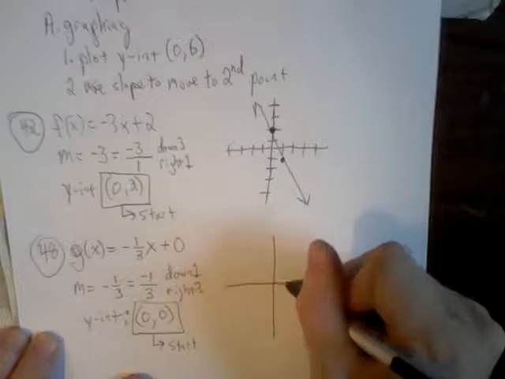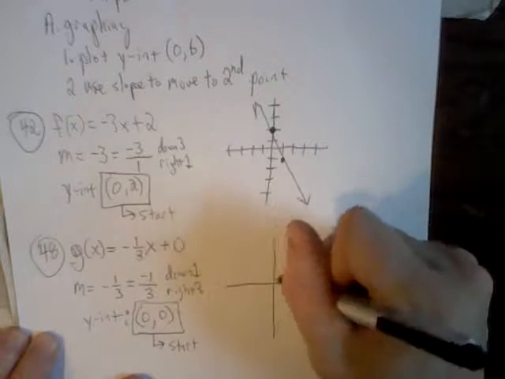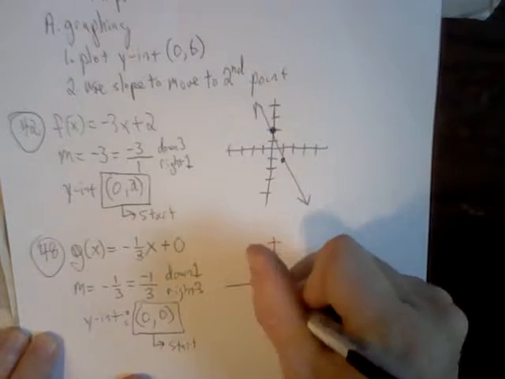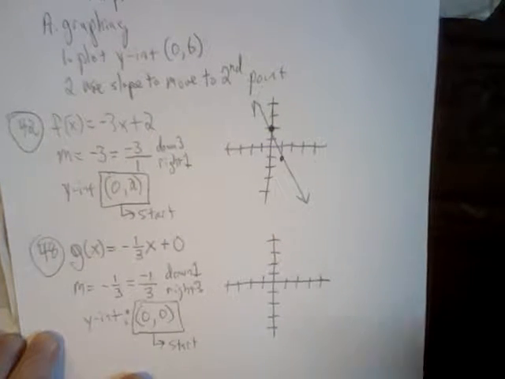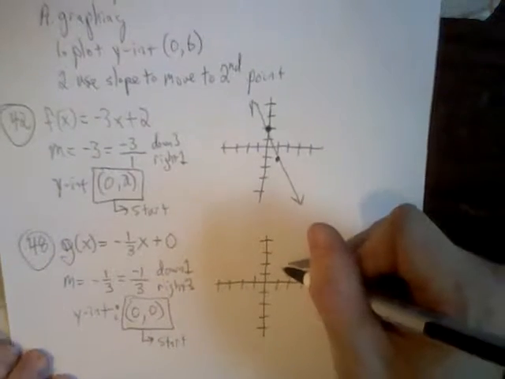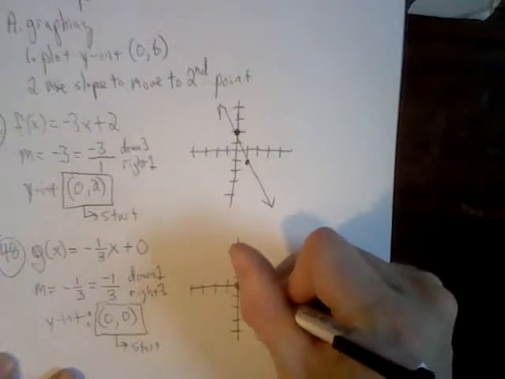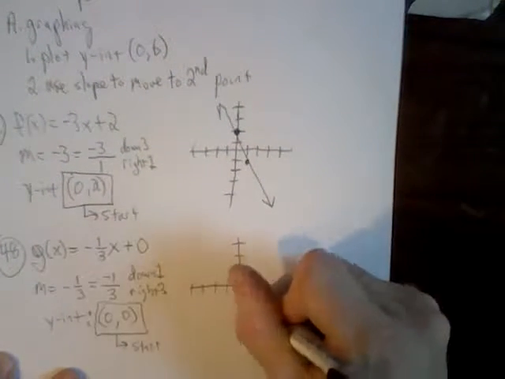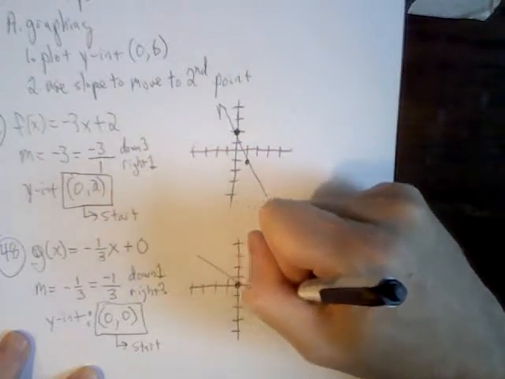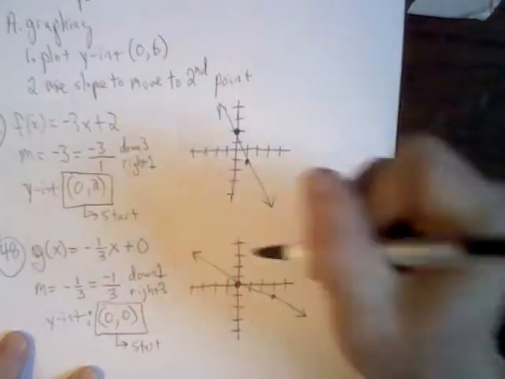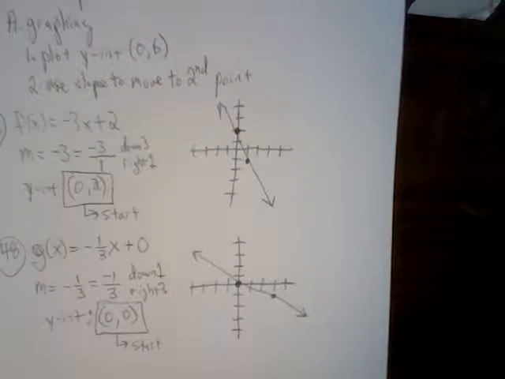So put a couple tick marks on there. And then I go down 1, right 3. So start at 0, 0, go down 1, and then 1, 2, 3, to the right 3. Okay, that's it.